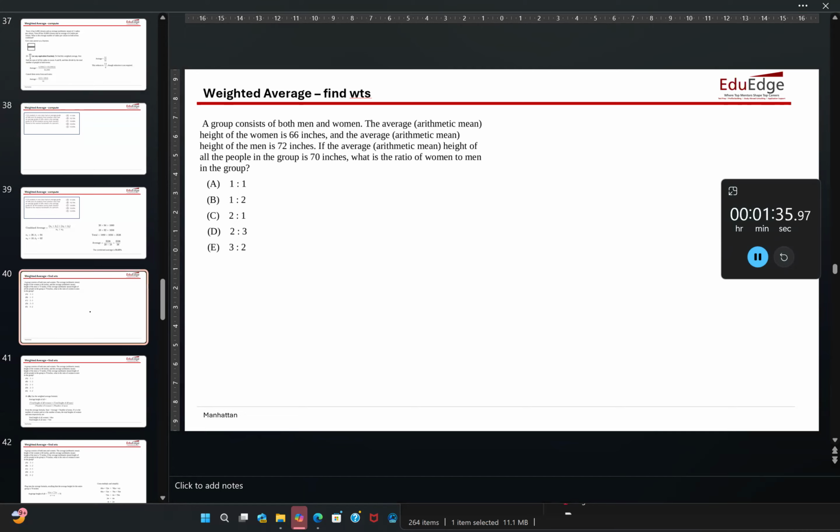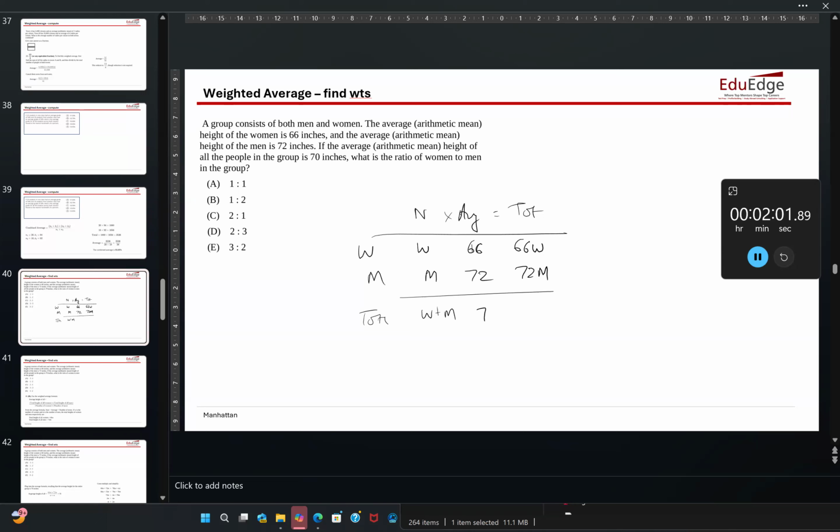So using the framework, I did it like this. N average total for women. W is the number. Average is 66. 66 W is total for men. M 72, 72 M. Then comes the total W plus M. They're saying average is 70.